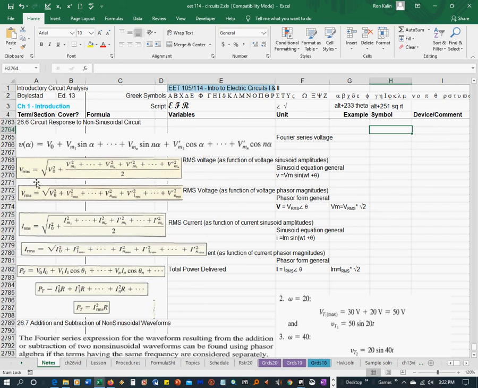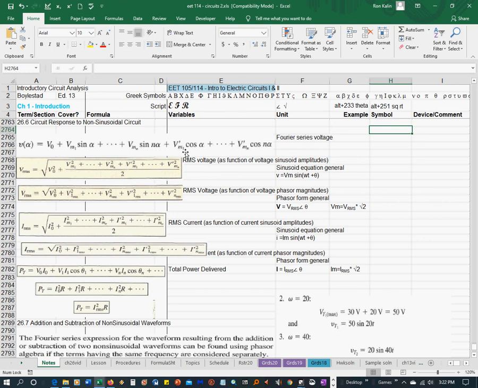You use this formula: V sub 0, which is the DC or average value, squared, plus V sub m1 squared plus V sub m2 squared, and so on, to V sub mn squared.